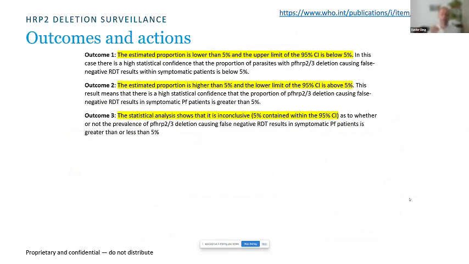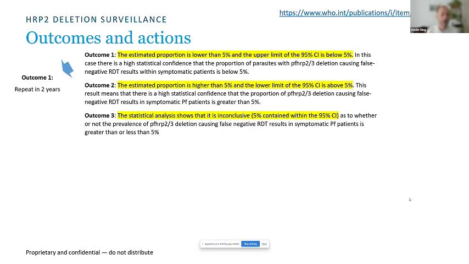Or you are above that threshold with high confidence. So your estimate is above this 5%, and the lower limit of the confidence interval would also be above this 5%. So you're pretty sure you have a serious HRP2 deletion problem in the domain that was tested. Or you're unsure, you cannot conclude because this 5% threshold is contained within your confidence interval.